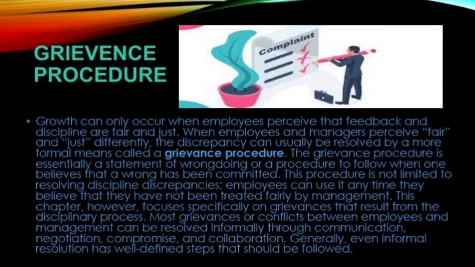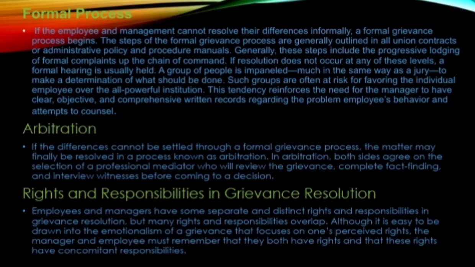Most grievances or conflicts between employees and management can be resolved informally through communication, negotiation, compromise, and collaboration. Generally, even informal resolution has well-defined steps that should be followed. Formal process. If the employee and management cannot resolve the difference informally, a formal grievance process begins.